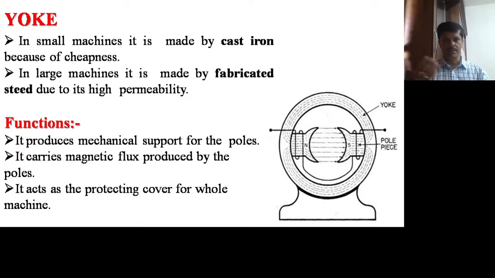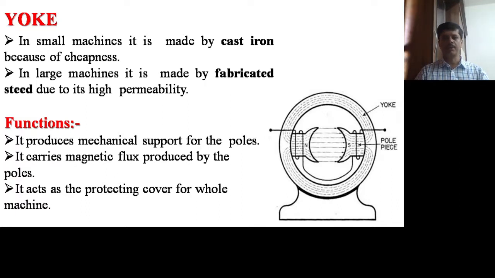If the saturation of cast iron is reached, it will automatically produce a bulged portion of the machine, and porous material will also be created. In order to avoid that, if the permeability is higher, cast steel or fabricated steel is preferred for the manufacture of the yoke.